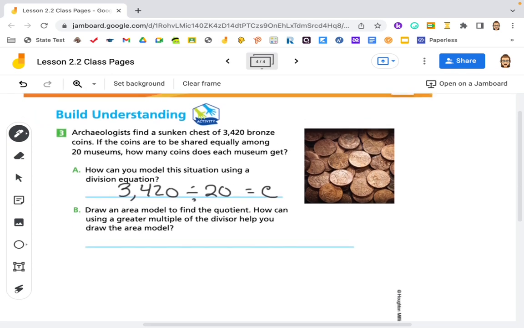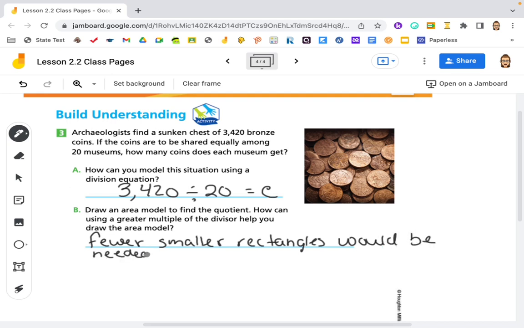Well, the greater multiple of the divisor that we use, the fewer smaller rectangles would be needed to find the quotient.